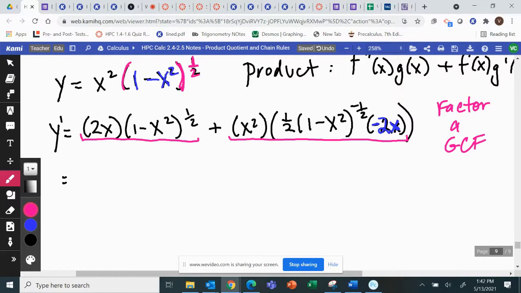Okay, so here's the thing. There is a 1 minus x squared that's sort of in common, but I'm going to be really smart about it. And also there is an x also. But I'm going to be really smart about this 1 minus x squared. I'm going to choose something that makes the next step very easy for me. So what I am choosing to factor out is an x, so that's one of them. But then 1 minus x squared to the negative 1/2 power.